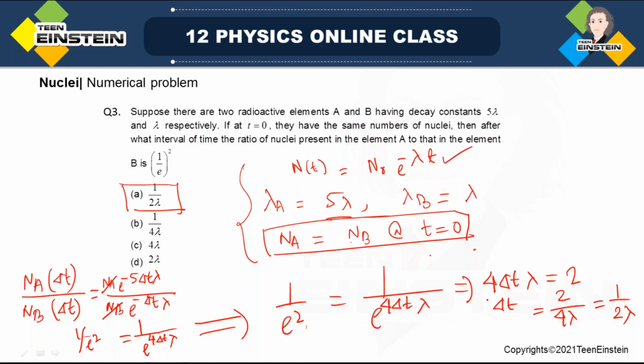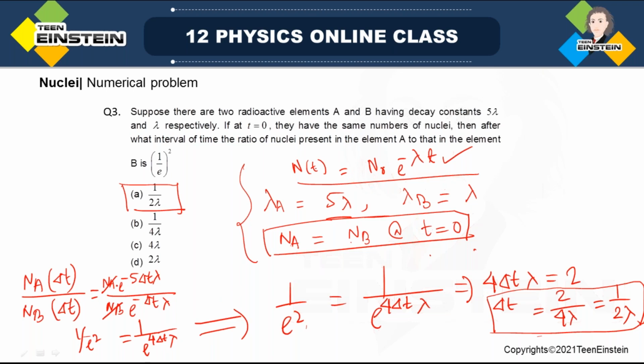I hope you have understood this. If you have any doubt, you can ask me, Deepa. What I have done, I have just written the law of radioactivity after delta t time. In place of t, I have written delta t. In place of lambda, whatever lambda is given for both elements, I have written. Now this n0 is Na and Nb at t is equal to 0.